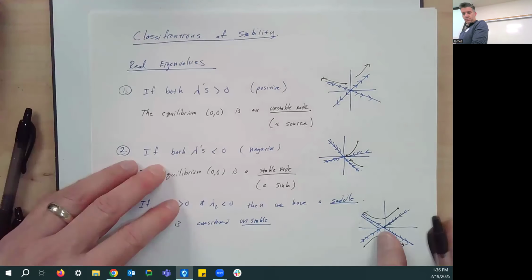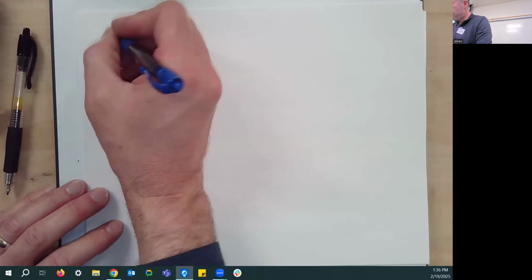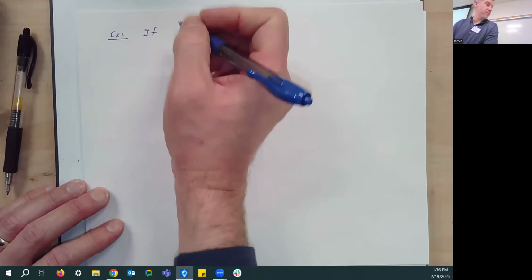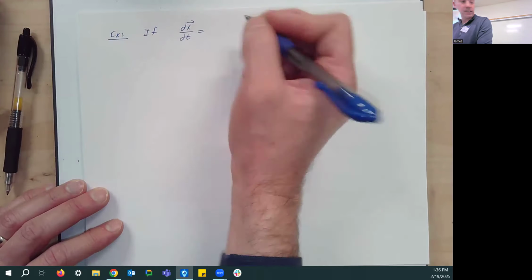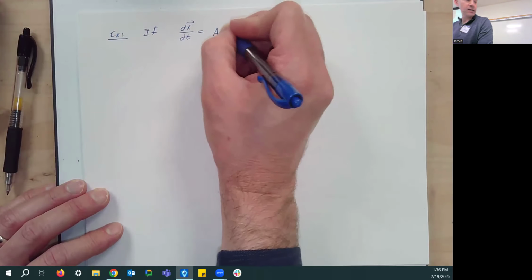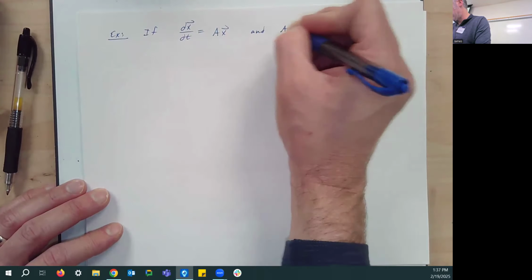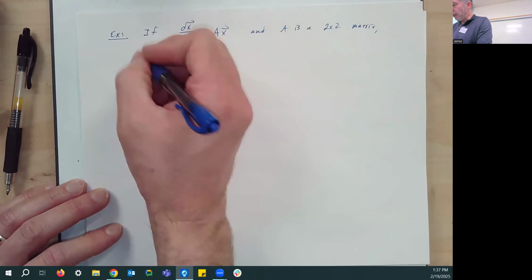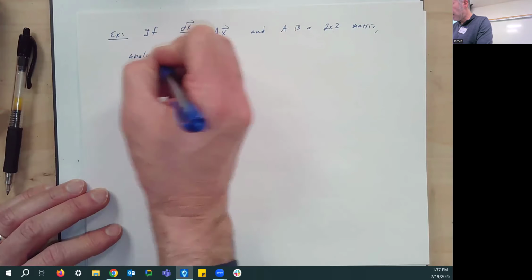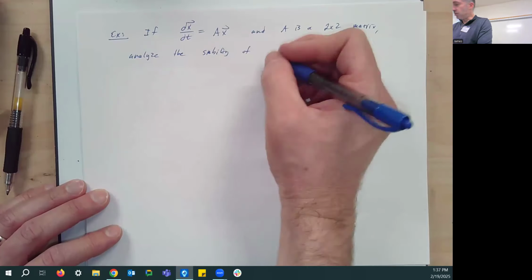So for example, if we have the relationship where the derivative of your solution vector x is equal to A times x, and A is a 2x2 matrix, we want to analyze the stability of the equilibrium.